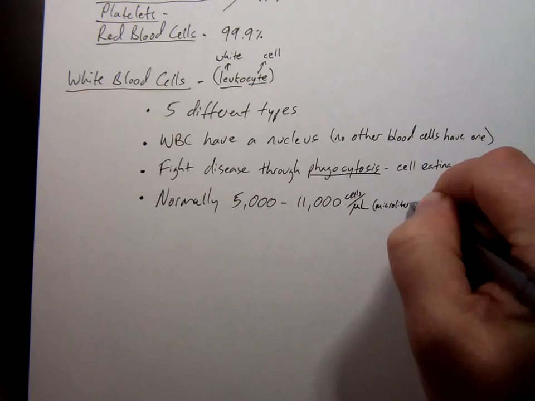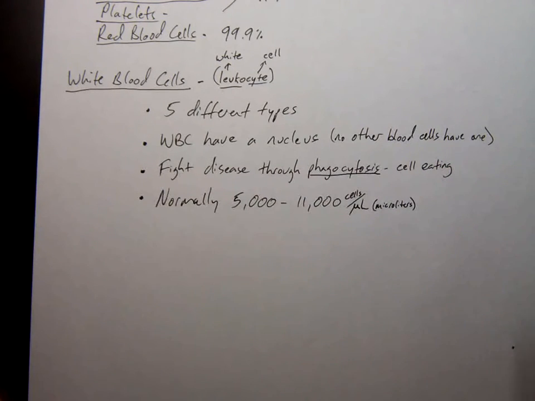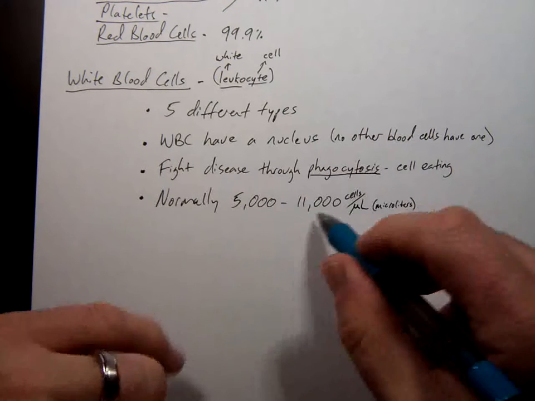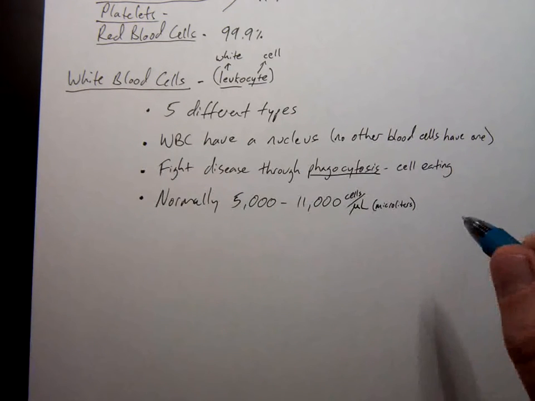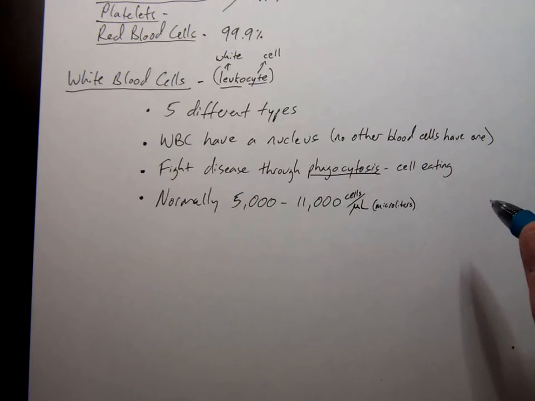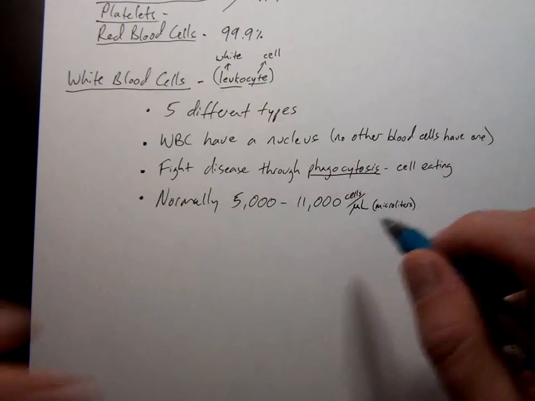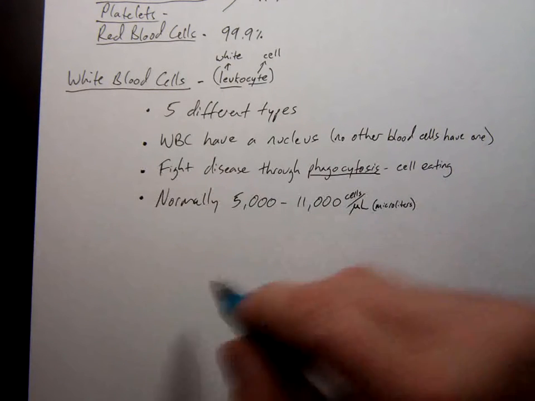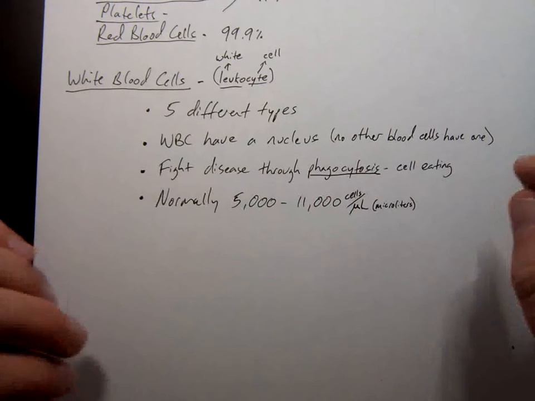A microliter is 1/millionth of a liter. So milliliters, 1,000th of a liter. This is 1/millionth of a liter. So you should have between 5,000 and 11,000 of these white blood cells in a microliter of blood.